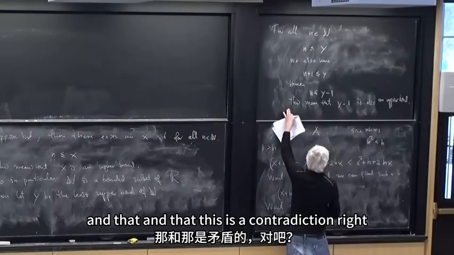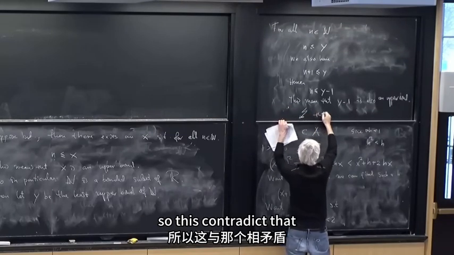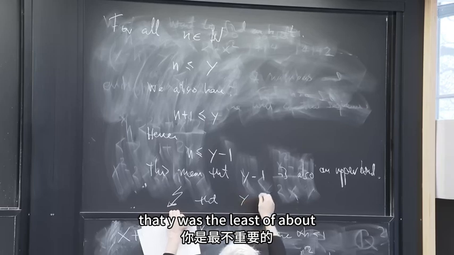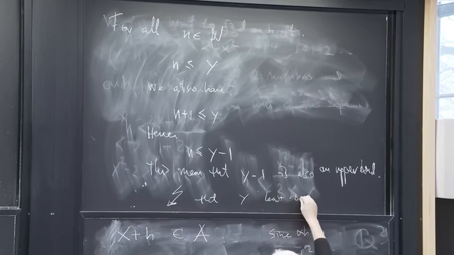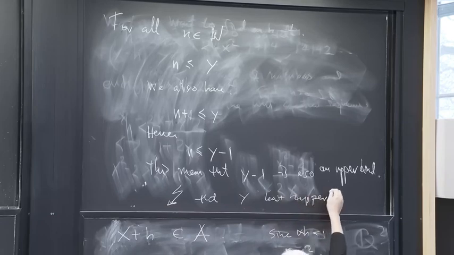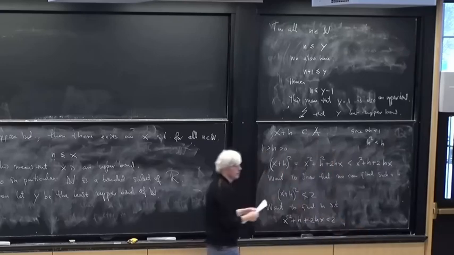And that is a contradiction, right? So this contradicts that y was the least upper bound. Okay, and that's the Archimedean property.